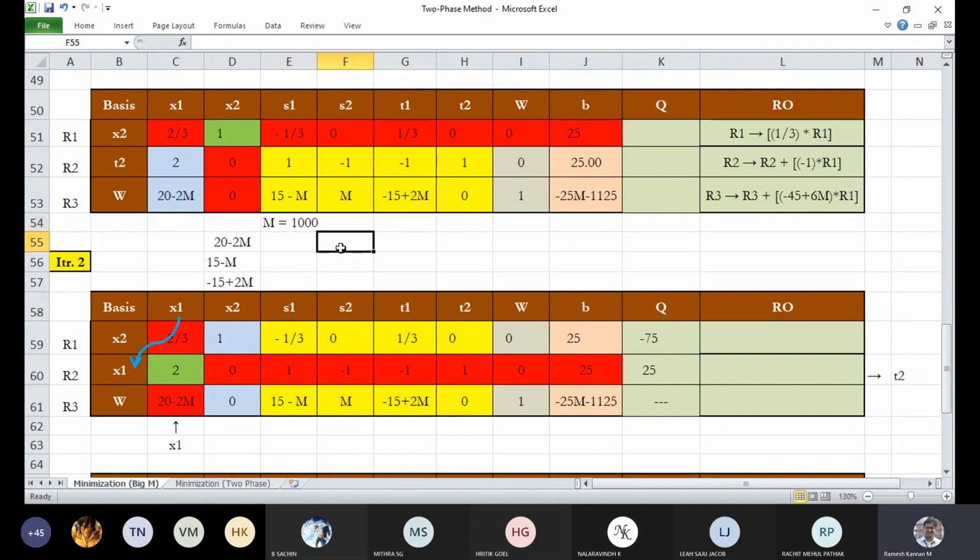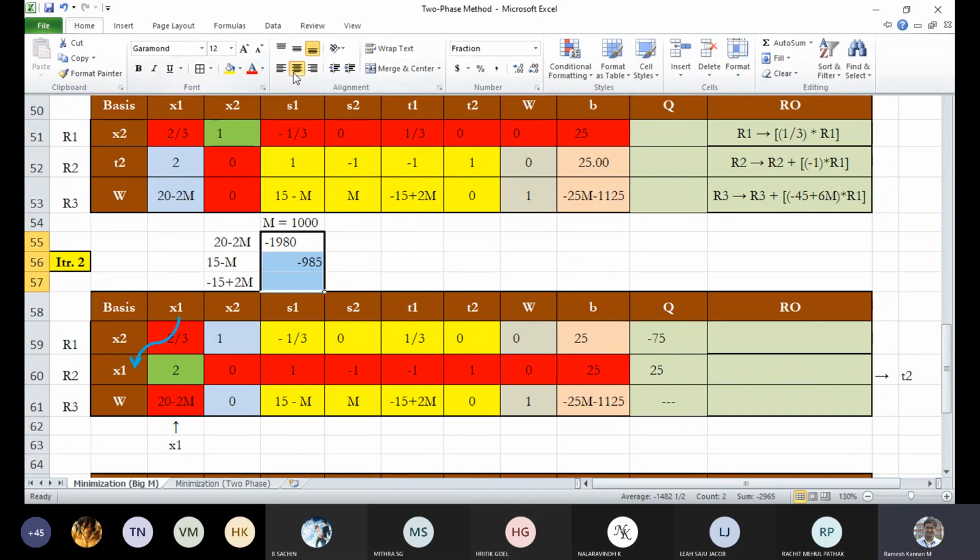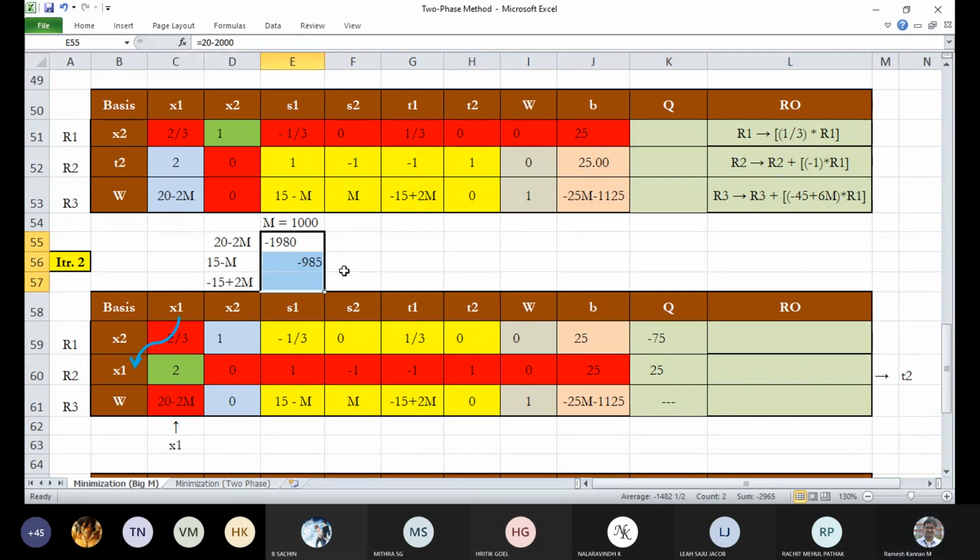In this case that will become 20 minus 2000, and this will become 15 minus 1000. Then we can take minus 15 plus 2000. As I told you, it's a positive value.